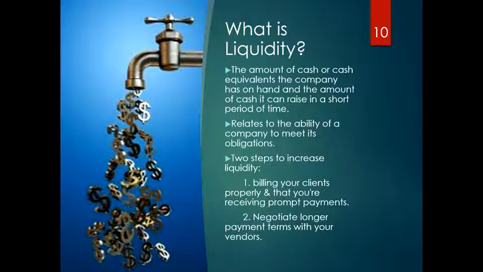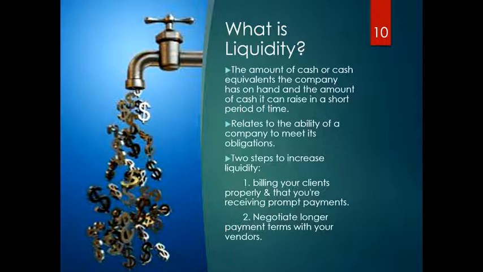Maksudnya apa-apa je lah amount yang company ada tu, untuk dikonvertkan kepada cash dalam jangka masa yang singkat. That is liquidity. Okay, so it relates to the ability of a company to meet its obligation. Itulah obligation, maksudnya apa-apa yang dia perlu bayar, so dia perlukan cash dengan keadaan segera. So that's why kita perlu tahu apakah liquid asset.